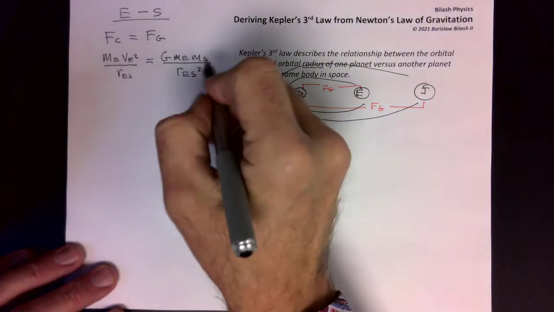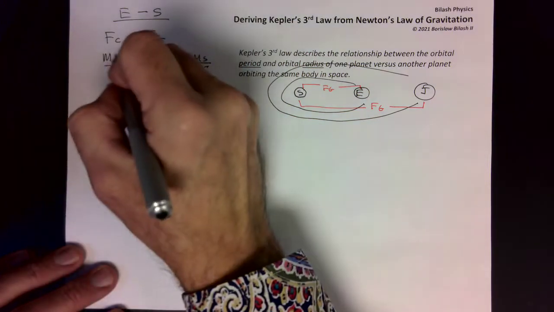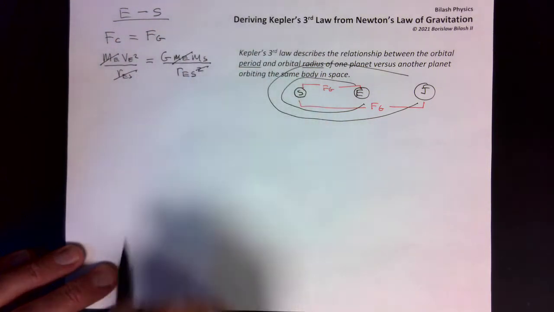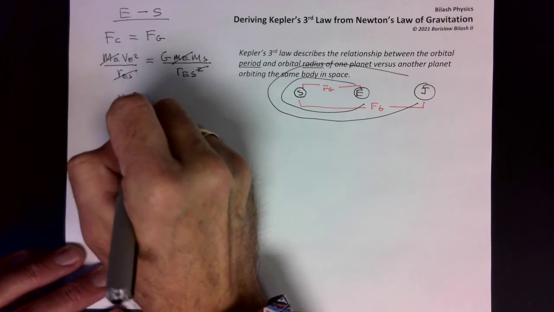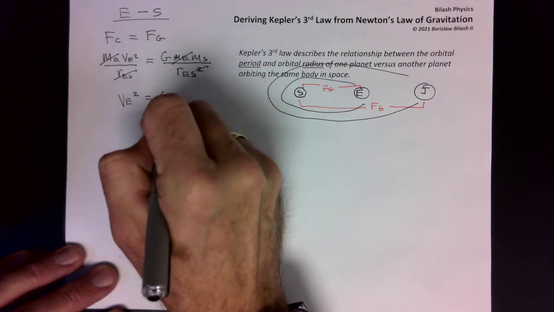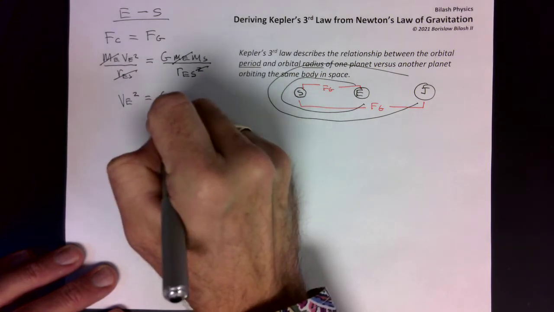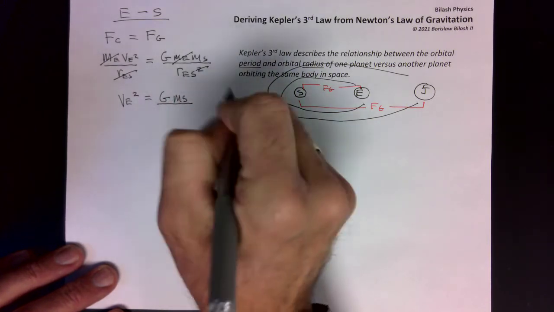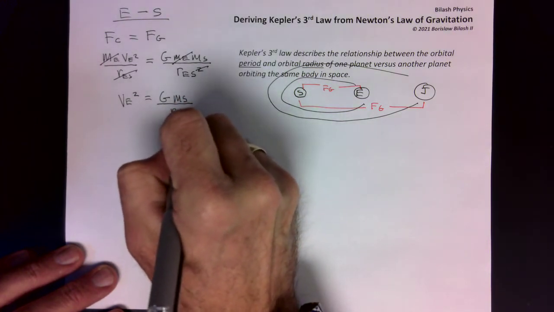So we can simplify this. We can get rid of the mass of the Earth, and we're left with the velocity of the Earth squared is equal to the universal gravitational constant times the mass of the Sun, around which the Earth is orbiting, divided by RES.